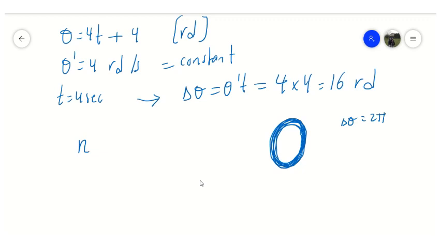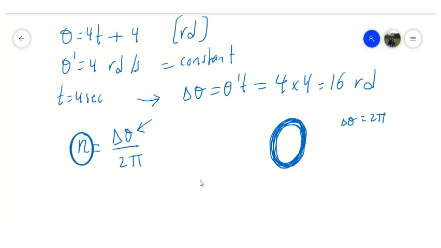The number of revolutions will be, as you know, delta theta over 2 pi, where delta theta is the angle covered during that interval of time. This will be the number of revolutions, or rotations, performed by the particle.